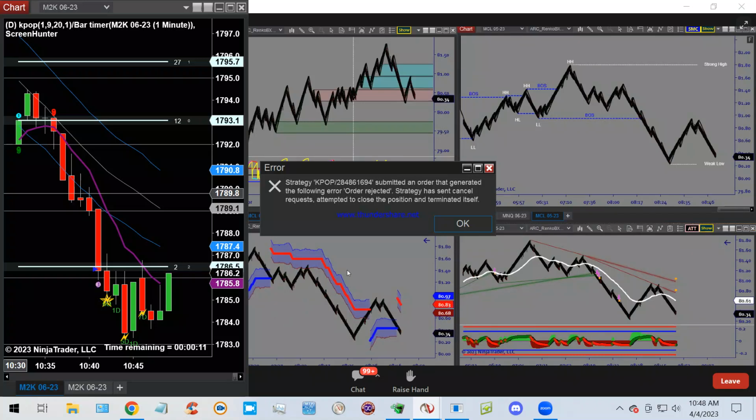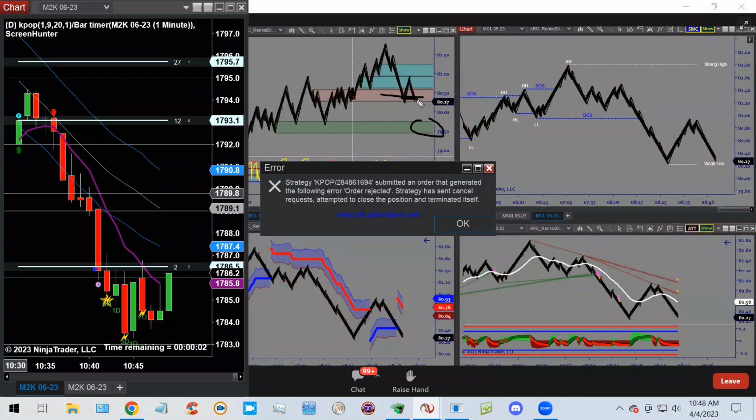Interesting enough, as crude's going to do what crude's going to do today, it's going to come down into key levels like this. It's still in support right now. Crude's still in support right now.